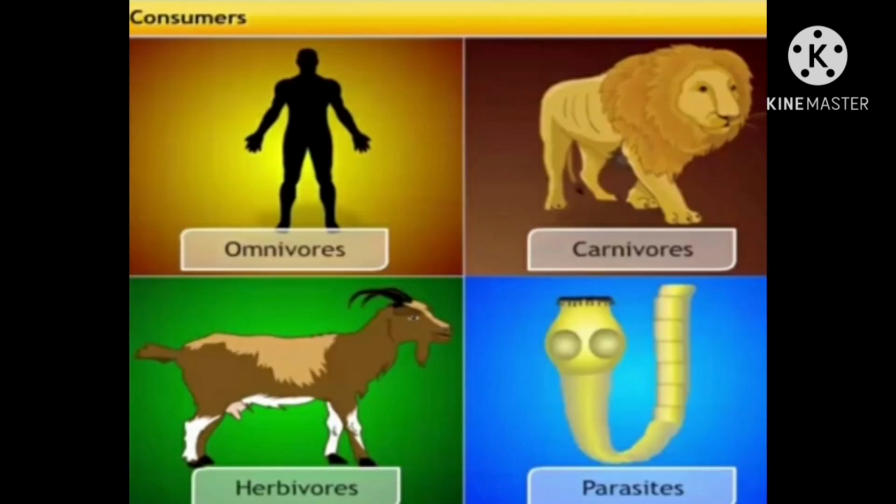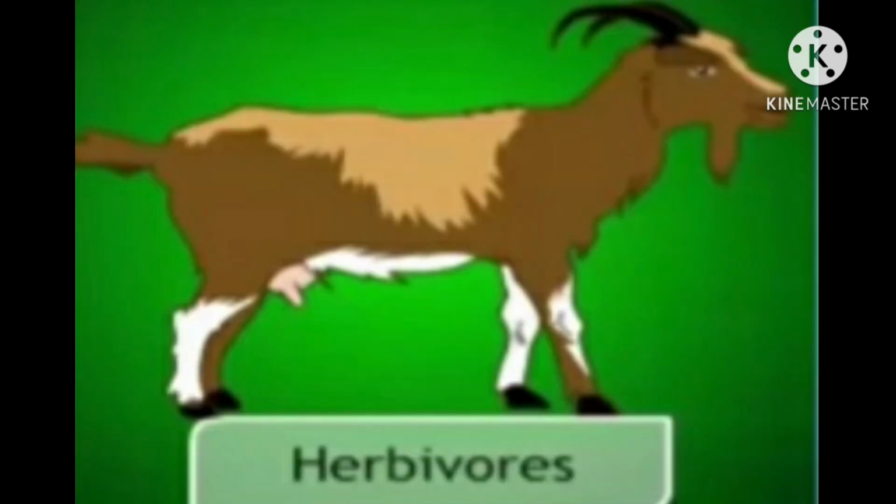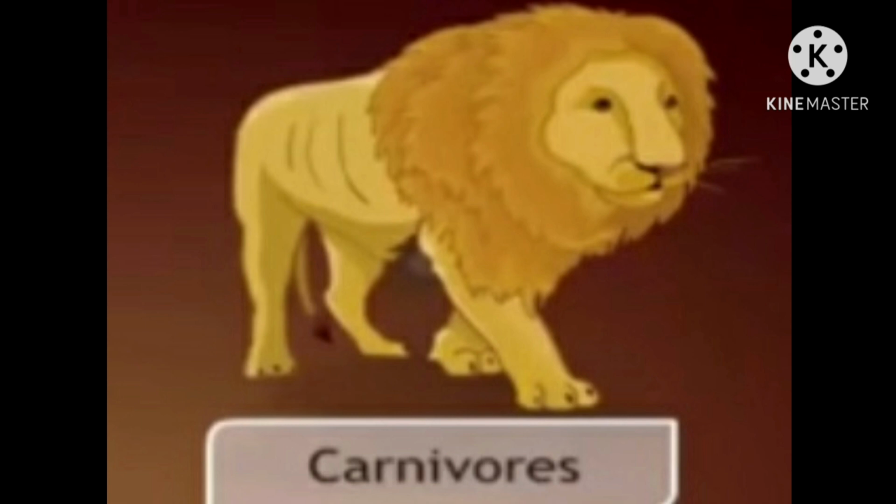Consumers can be grouped into four categories: herbivores, carnivores, omnivores, and parasites. Herbivores are animals eating only plants and plant products. Example, cow, deer, rabbits, etc. Carnivores are animals eating only other animals.